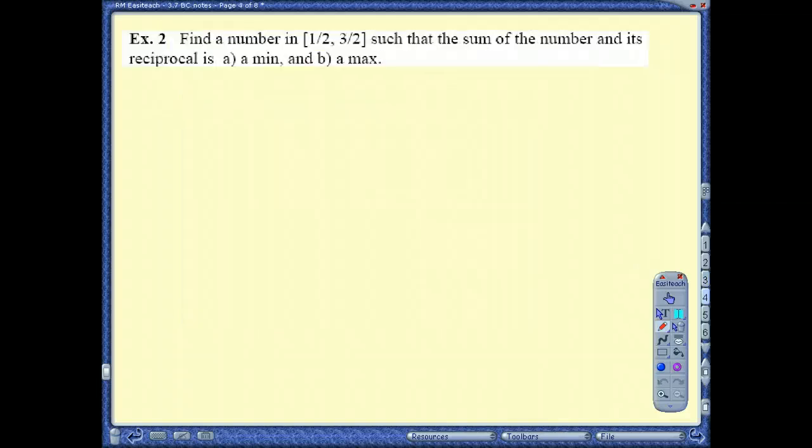Let's try an example all our very own. Now I want you to be careful, because they're going to try to trick us, because look at our example 2. It says find a number in the closed interval 1/2 to 3/2 such that the sum of the number and its reciprocal is a min and is a max. Now what we have been doing has been open intervals, but remember in section 3.1 we did closed intervals.